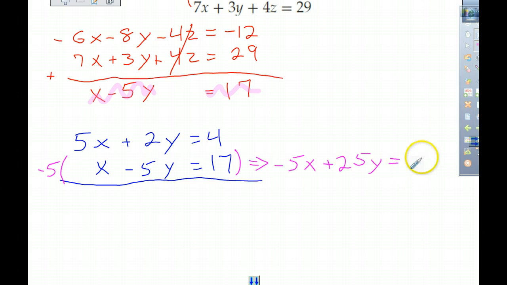Equals 85. Now, are there some that don't have to look like top and bottom? Sure, you gotta do whatever it takes on any problem to get things to cancel.